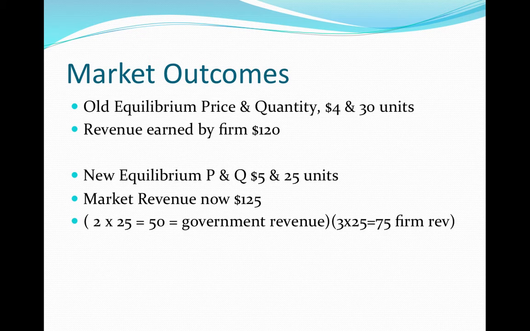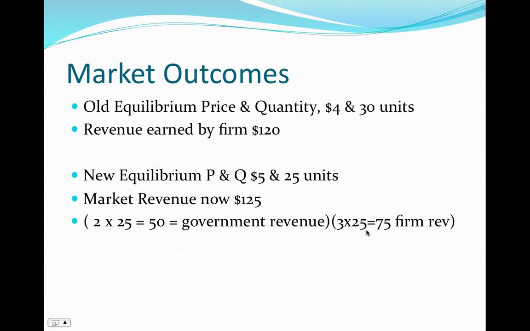However, we have to remember that the government is taking $2 out of that price of 5 for those 25 units. So if you look at the government tax times the quantity sold, the government revenue is 50.